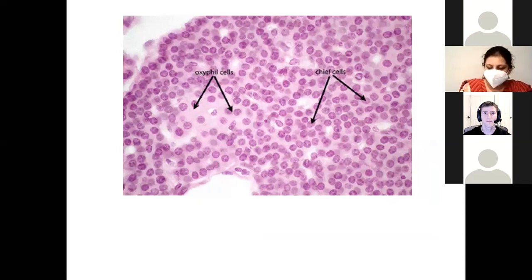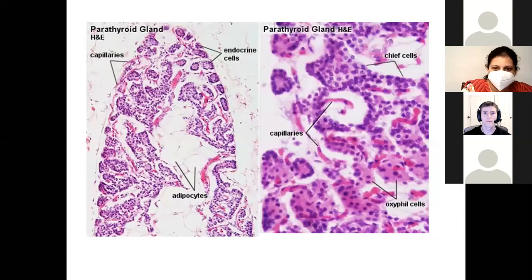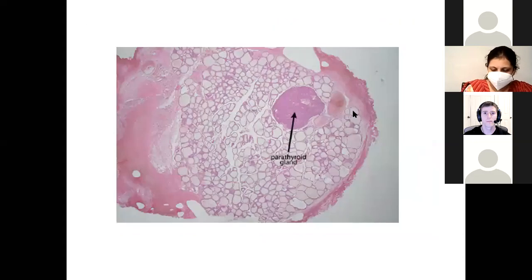We will just be able to identify that rounded structure which I previously showed you, like this one over here in this diagram, just a large purple area with numerous cell nuclei and cortical cells. And along with that, if we increase the magnification, we will be able to see the adipocytes and the capillaries.